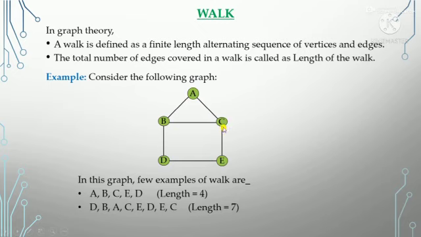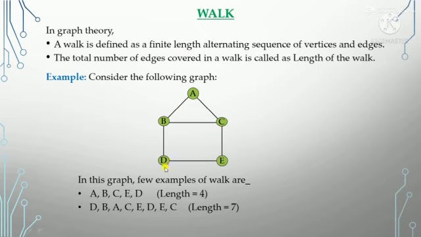We include the vertices and the edges. But what is the length? Length is the number of edges. How many edges are included in the walk A, B, C, E, D? 4. It means that the length of this walk is 4.